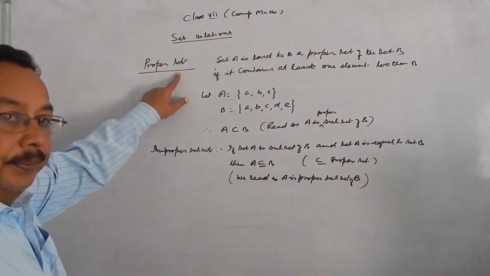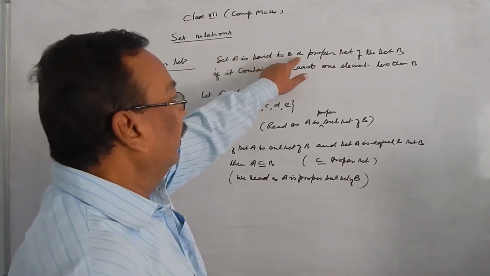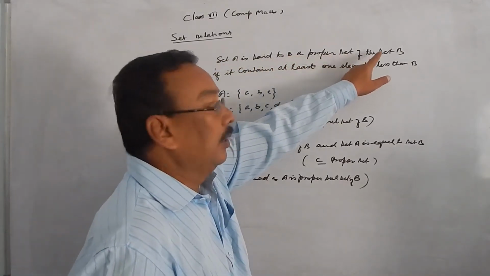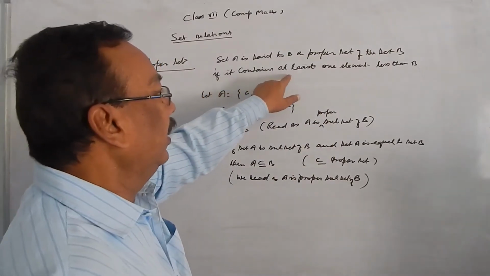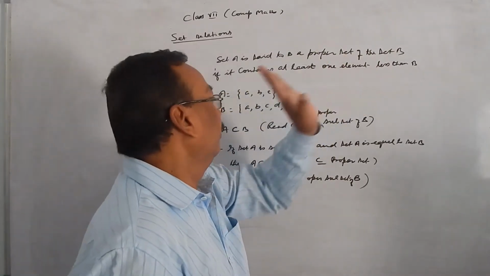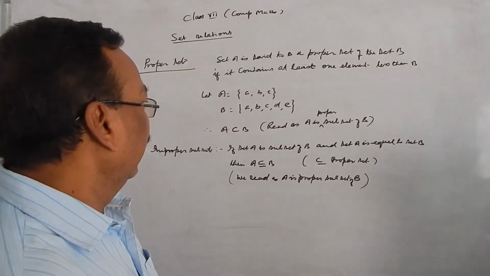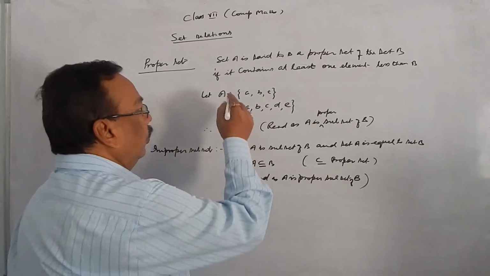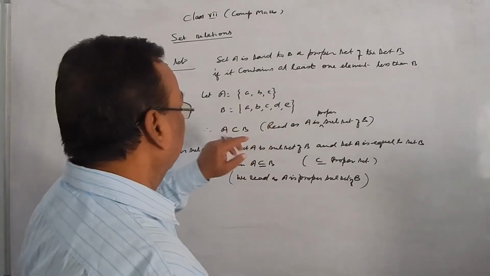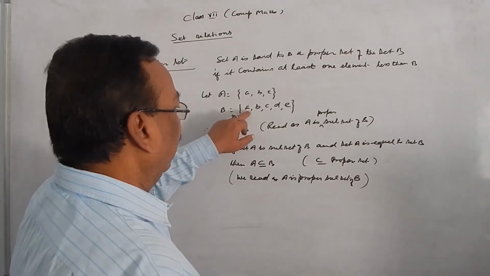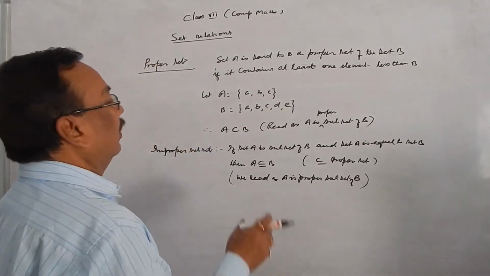Proper subset. Set A is said to be a proper subset of set B if B contains at least one element more than A. Clear? So A is a, b, c, and B equal to a, b, c, d, e. Now we compare.